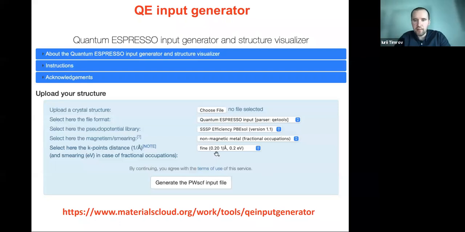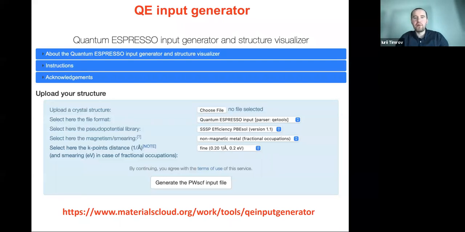So in this case, for example, we want to tell the tool: please tell me which k-point grid I need to use in order to have the distance between nearest k-points of 0.21 per angstrom. And this will give you the accuracy of 0.2 eV on the energies. And this corresponds to the fine grid. But then there are two other options which give denser k-meshes. So this can be controlled here.